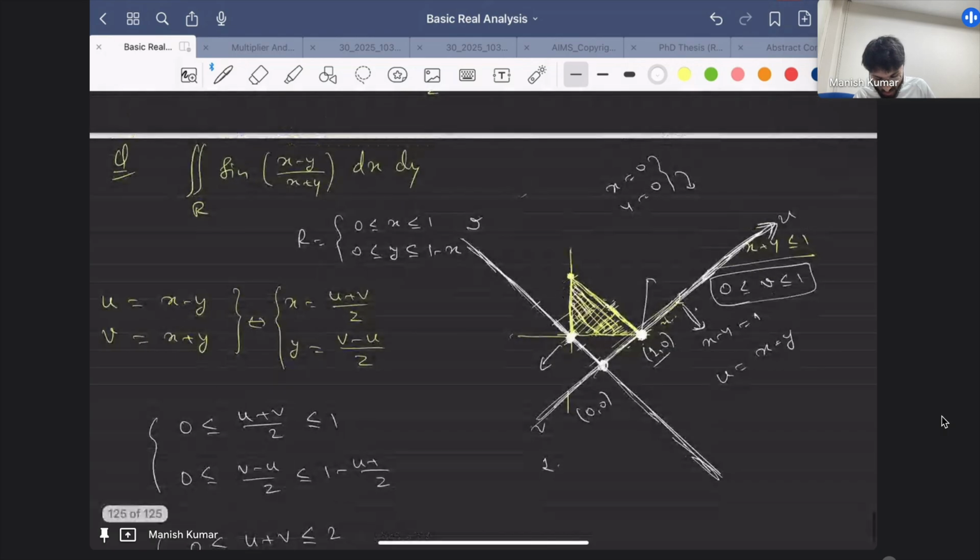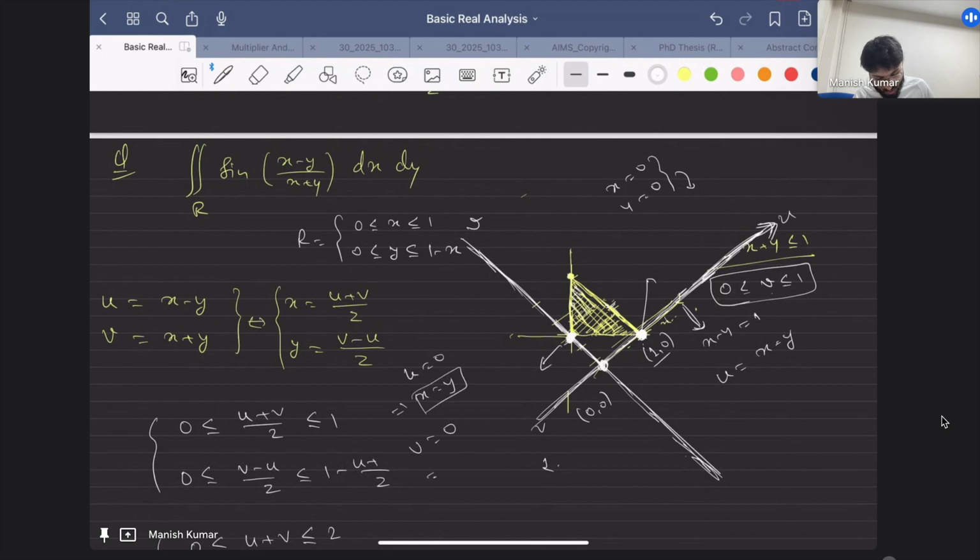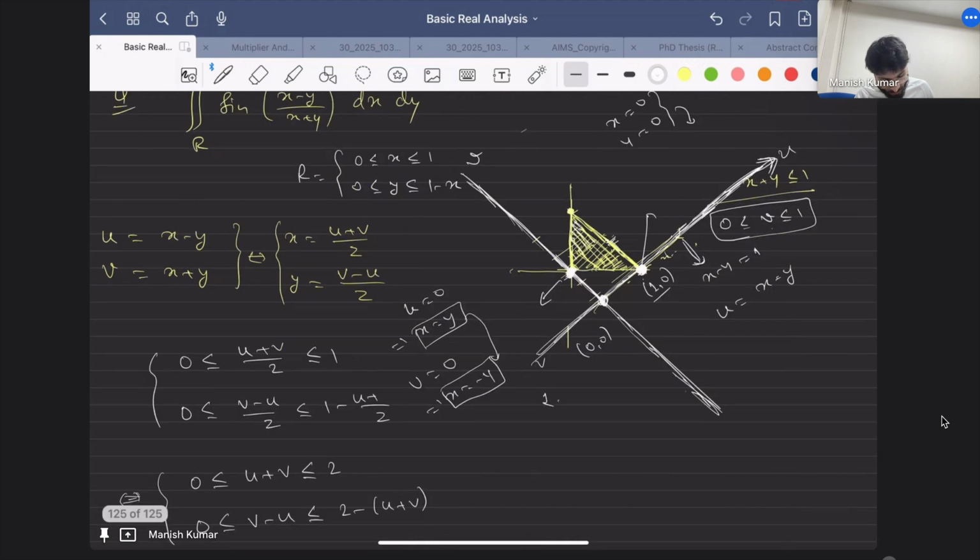So u equals to 0 means x equals to y. Okay, so you solve this. U equals to 0 gives you x equals to y, correct? V equals to 0 gives you x equals to minus y. Now when you solve this, what will you get? Sorry, why am I doing this? I should do the other way around.